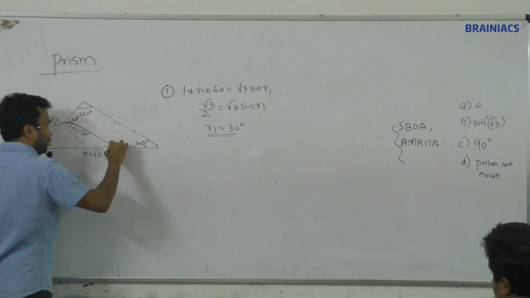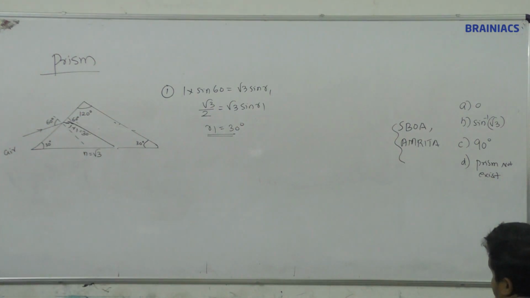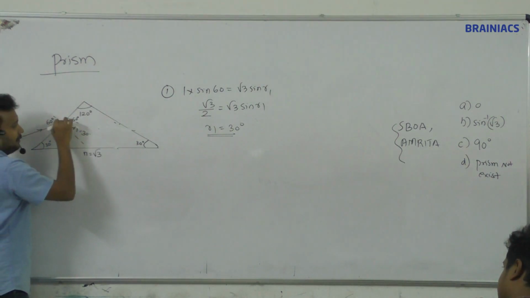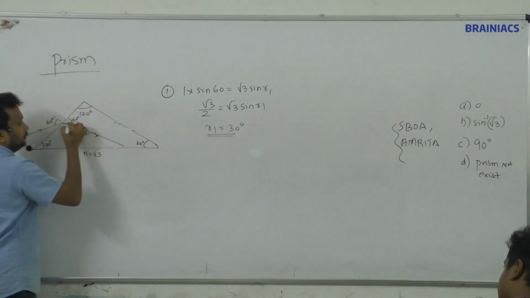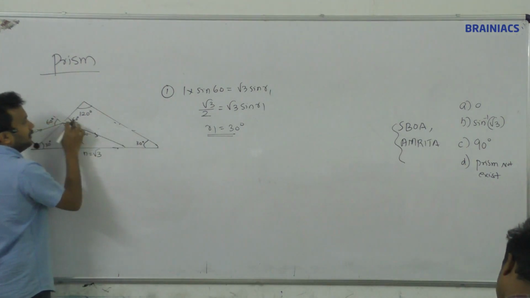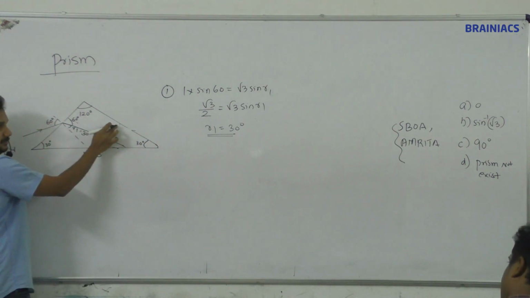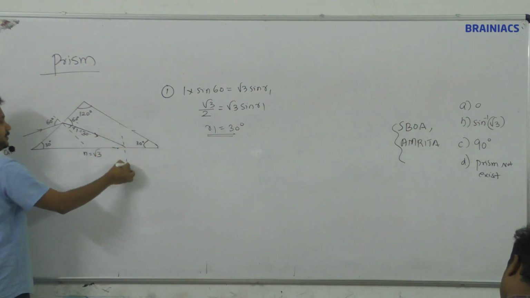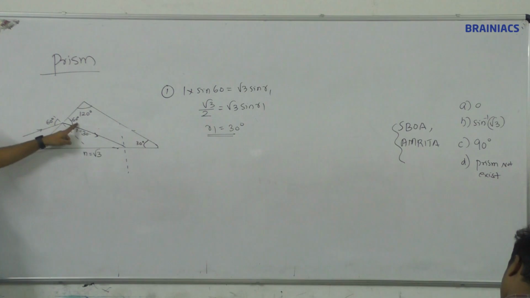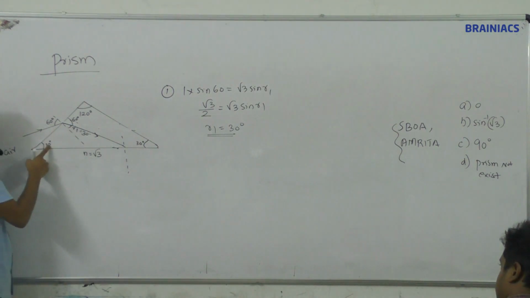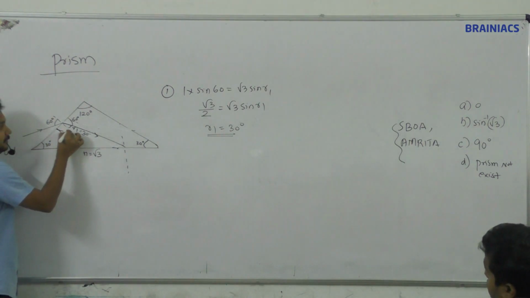After reflection the ray will go here, which means we'll see, because of this 60. The angle of refraction is 30 degree and this angle is 30 degree. This angle will be here.